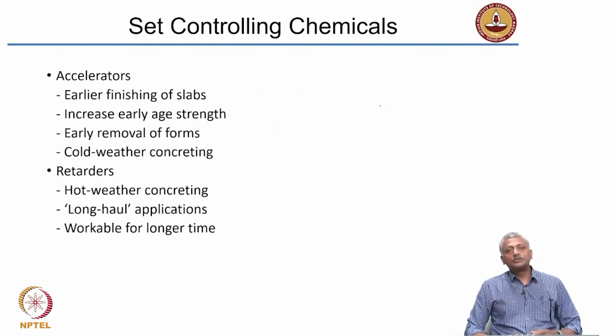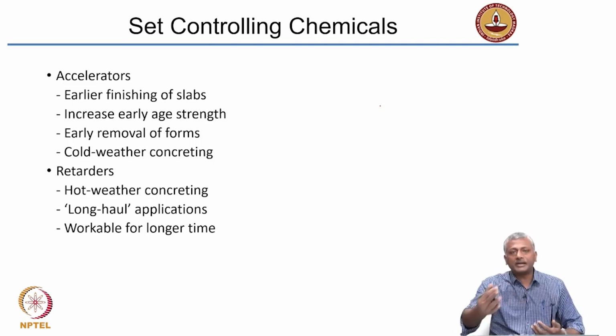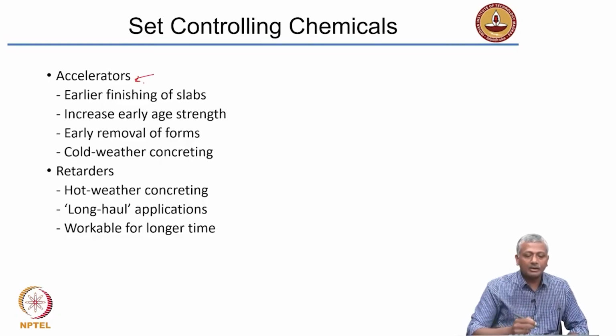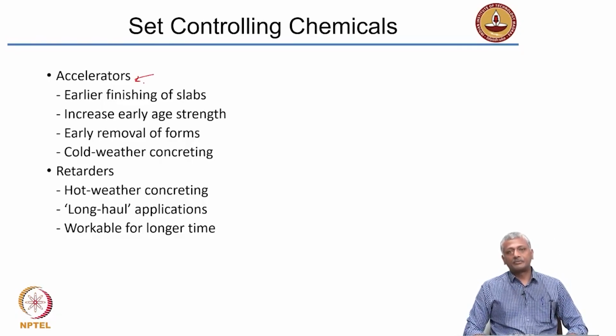You can sometimes use chemicals that can speed up the reaction or slow down the reaction depending upon the conditions that you have. So, when you speed it up, rightfully they are called accelerators. When you want to get strength faster, you want to finish the concrete faster, you are working in a cold region like on a hill, for instance, in Kashmir, you want the concrete to be setting normally, but because of the cold climate, the setting will happen very slowly, or water inside may also freeze sometimes.